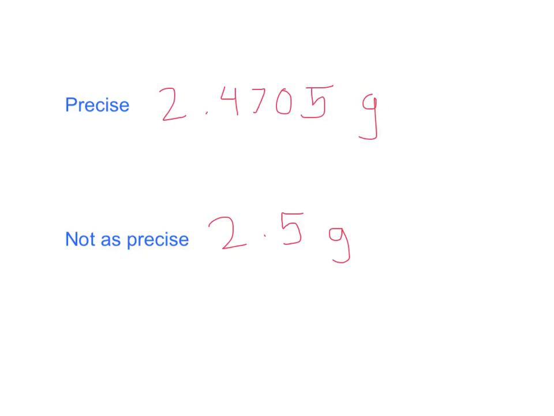Whatever we used to measure this, I'm assuming an electronic balance, was really, really precise, so we were able to use this many decimal places. The second measurement is the same thing, 2.5. It's the same measurement as this. The only difference is we had to round because whatever we were measuring with was not as precise. For the rules about how to round, check out the next video called Significant Figures.